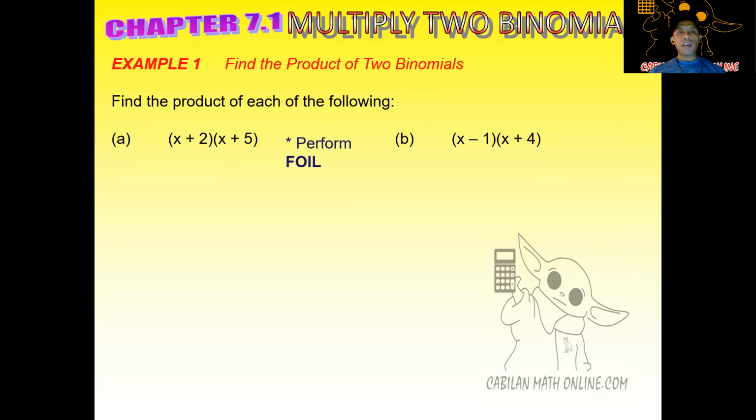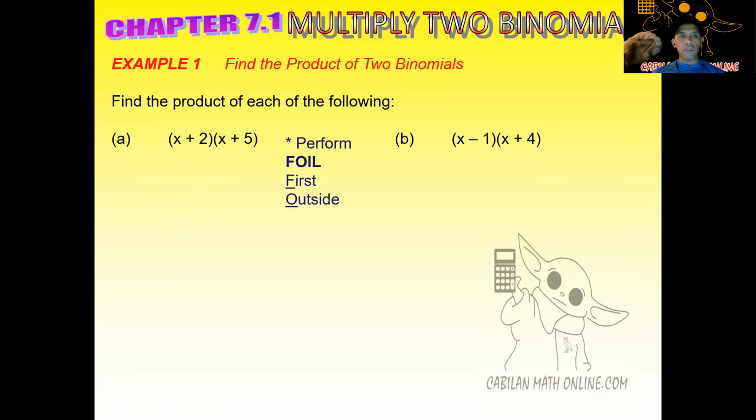Now, remember just a few seconds ago, I introduced you to an acronym called FOIL, which stands for first, outside, inside, last. So each of the questions that we'll be dealing with today will involve those 4 different steps. So let's start off with first and outside. Now, what that refers to is that you're going to take the first term in the first bracket, and then you're going to distribute it to the 2 terms in the other bracket.